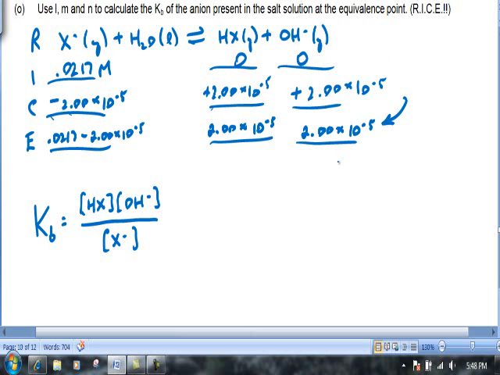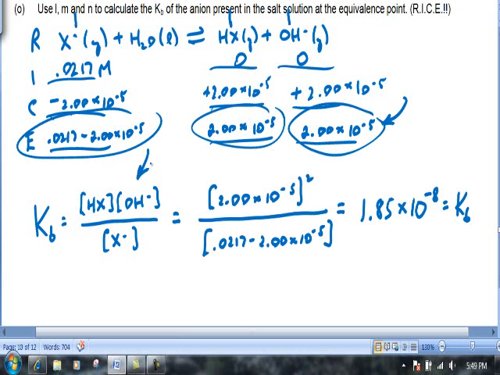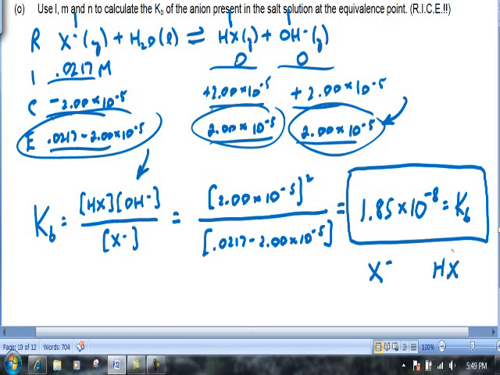The OH concentration, because this is a 1:1:1 ratio, allows us to get our equilibrium value for all three chemicals, which we can now plug into our Kb expression and solve for the Kb value. Solving for our Kb value, we get 1.85 times 10 to the negative eighth would be the Kb value for our X minus, which is the conjugate base of our weak acid HX.